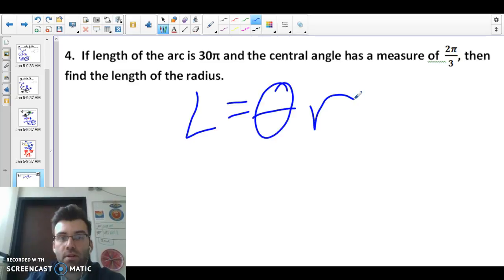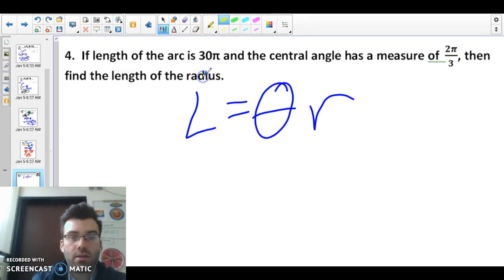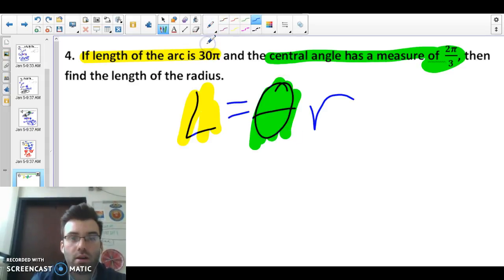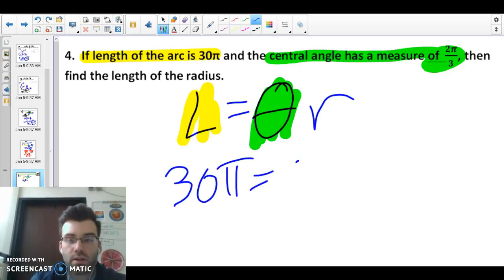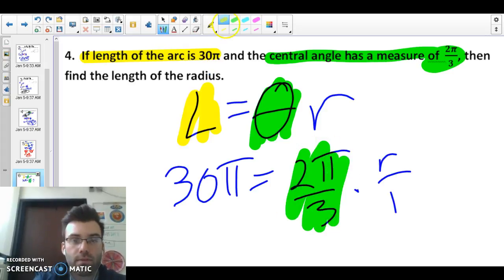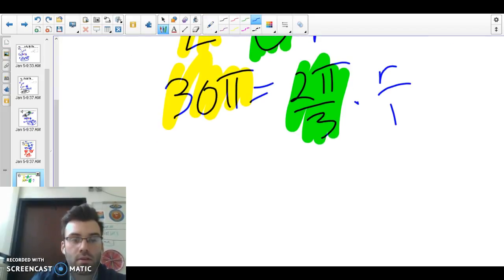So the arc length is 30 pi, which is our L. My central angle is 2 pi over 3, which is my theta, and we're trying to find R. So 30 pi equals 2 pi over 3 times R over 1. Here is theta again, here is L again. Now I can rewrite that.